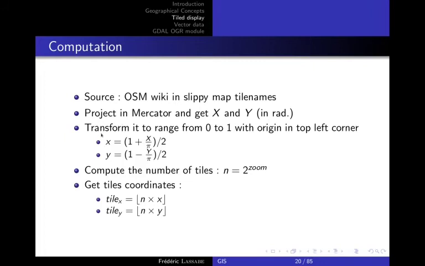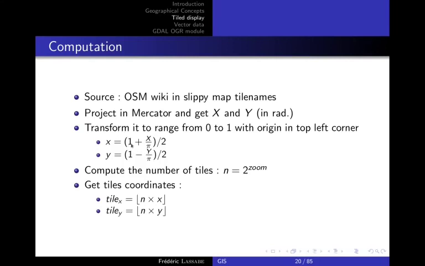Then you transform it to range from 0 to 1 with the origin in the top left corner. So remember the northwest corner is the 0, and you go for x from left to right and for y from top to bottom.